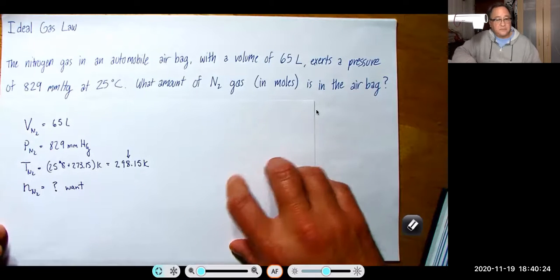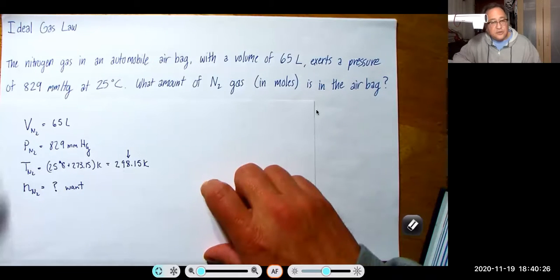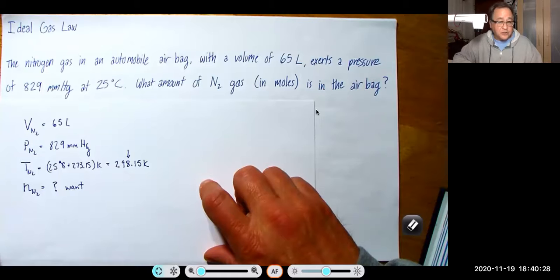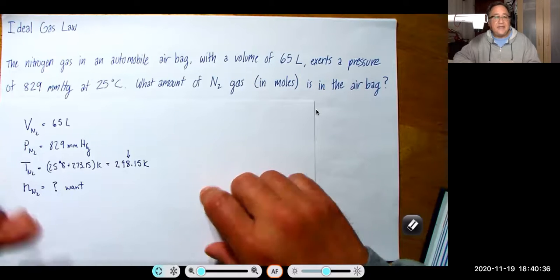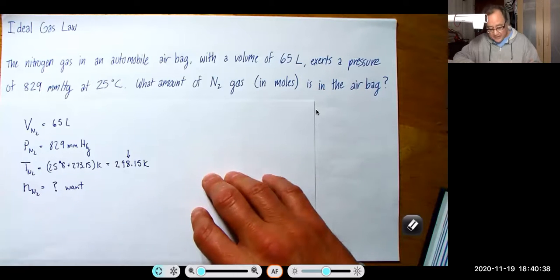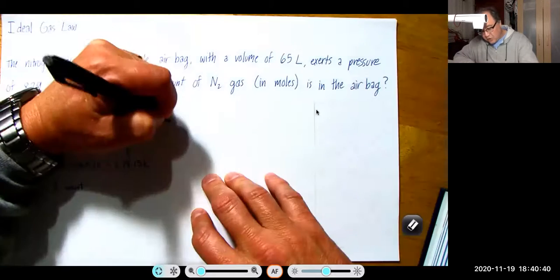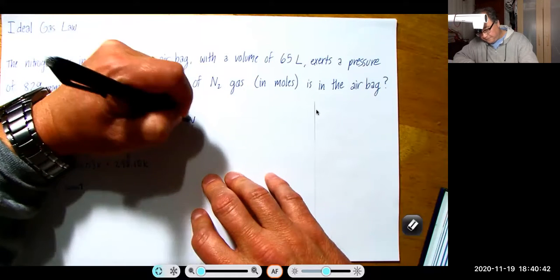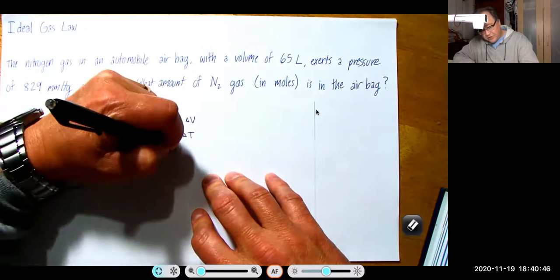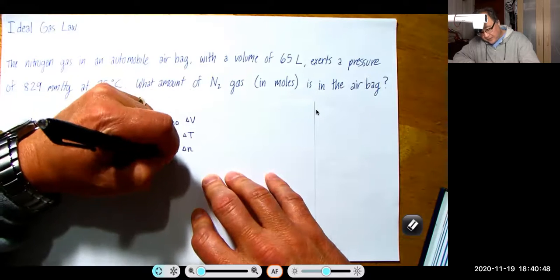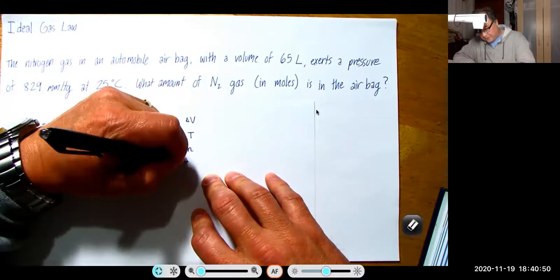Now, is the nitrogen changing from one pressure to another? Is the nitrogen changing from one volume to another? Is the temperature changing? Is anything in this changing? And the answer is no. So there's no change in volume, there's no change in temp, there's no change in moles, and there's no change in pressure.